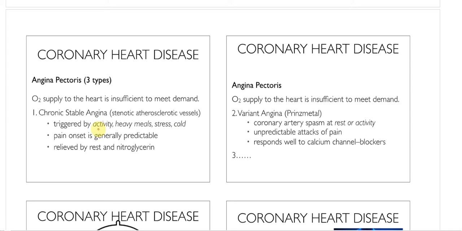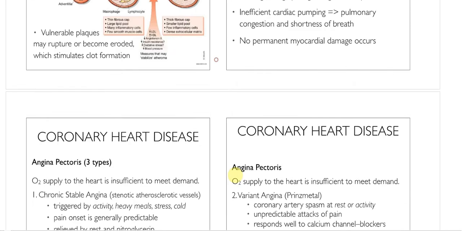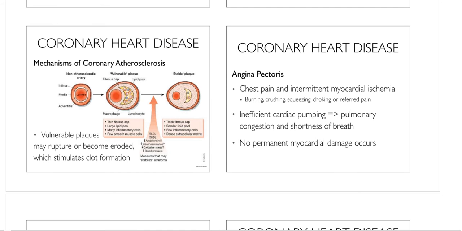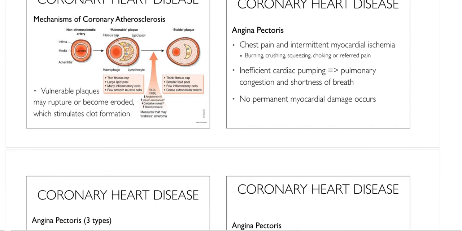We'll stick with activity, it makes it easier to understand. So the heart, during activity, starts to have an increased heart rate, increasing how much energy and oxygen it requires for its work. But we only have, according to this diagram, so much blood that we can pump through those stable plaqued arteries. So what happens?